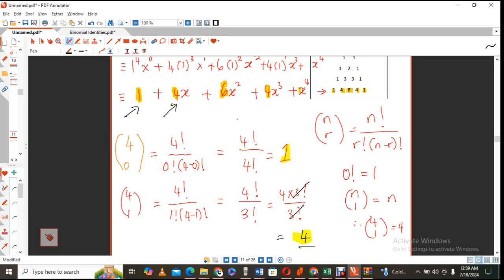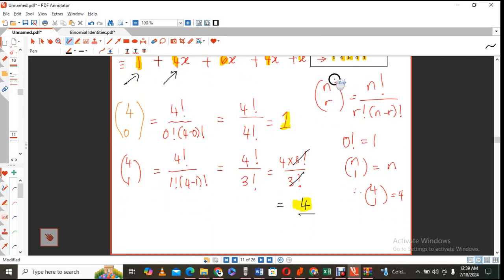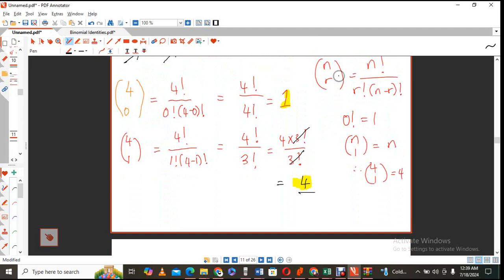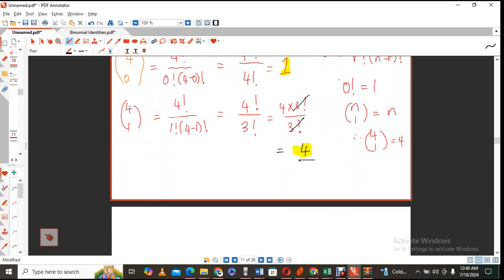Let's do the one for 6 as well. So the one for 6, well, of course, that is going to be 4 choose 2. So this is nothing but 4 factorial over 2 factorial and 4 minus 2 factorial. This is 4 factorial over 2 factorial, and 4 minus 2 is 2 factorial.